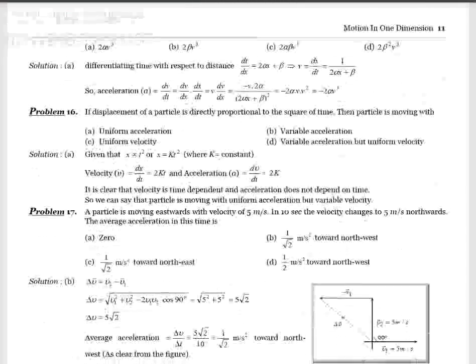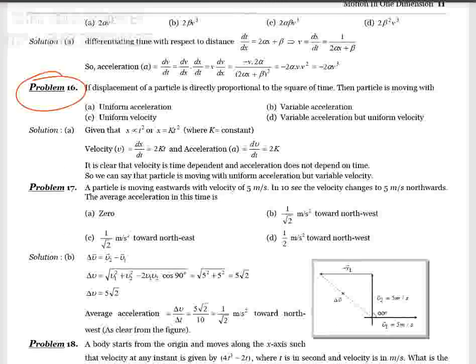Okay, let us see question number 60. If the displacement of a particle is directly proportional to the square of time, then the particle is moving with uniform acceleration, uniform velocity, variable acceleration, or variable acceleration but uniform velocity. Here, the displacement of a particle is directly proportional to the square of the time. That means acceleration a is equivalent to v over t, which indicates s over t square.